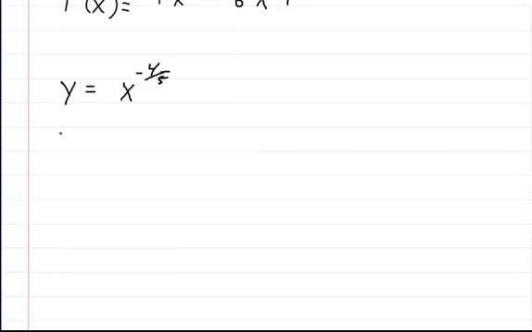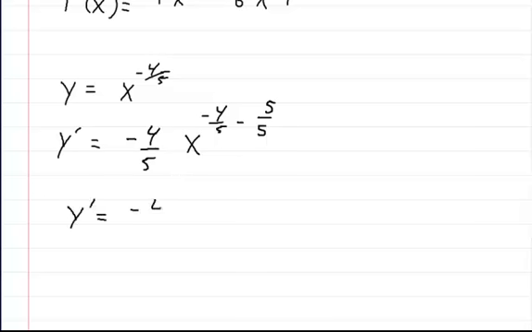So now the derivative of y, so here I'm going to bring down the -4/5, x, and then you have -4/5, and I'm going to subtract 1, and this is just going to become the derivative of y is equal to -4/5 times x to the -9/5.